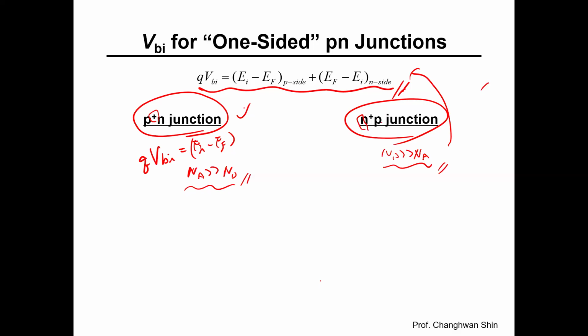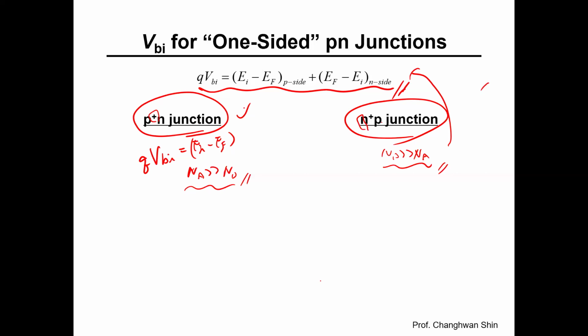These one-sided junctions are extremely common in practical devices, actually. For example, many diodes are fabricated as N plus P junctions because this configuration offers advantages in terms of switching speed and breakdown characteristics.